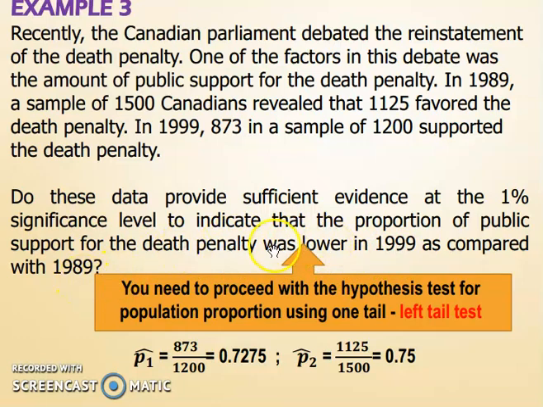If you look at this sentence, it gives you an indication that it is a one-tailed test. P1 hat is using 1999 and P2 hat is using 1989. Since 1999 is lower than 1989, we are claiming that P1 is less than P2.